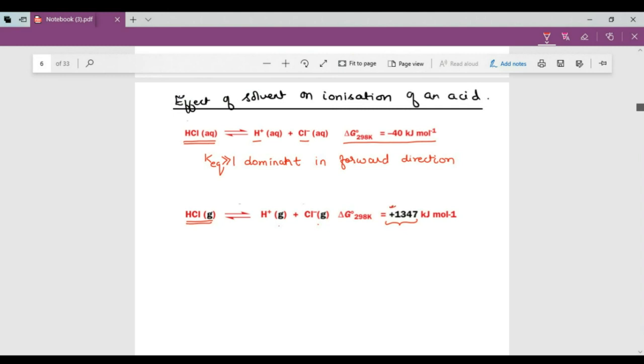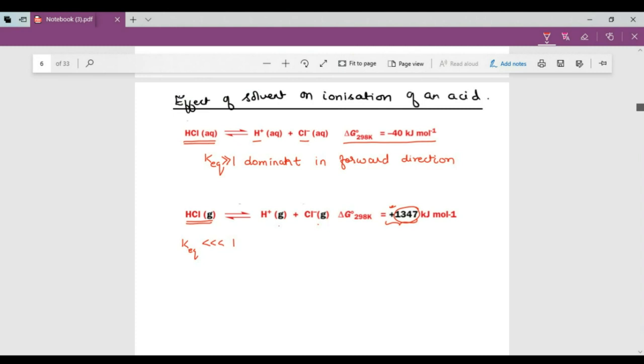Not only positive, but largely positive. So this indicates that this K equilibrium is going to be very, very much less than 1. This is going to be very small.